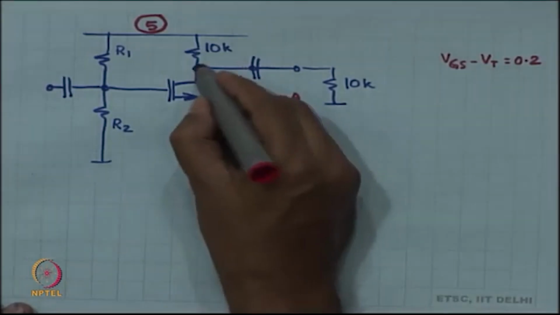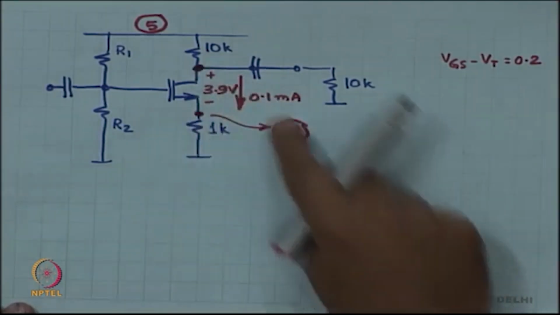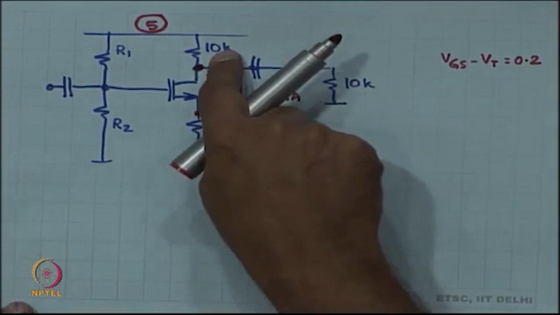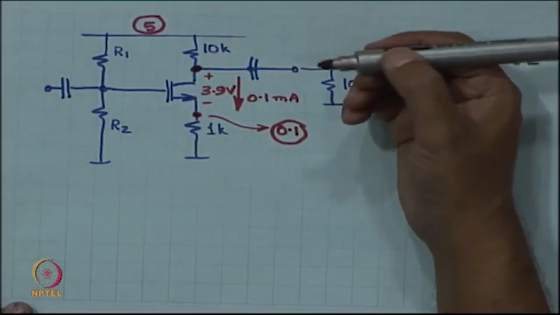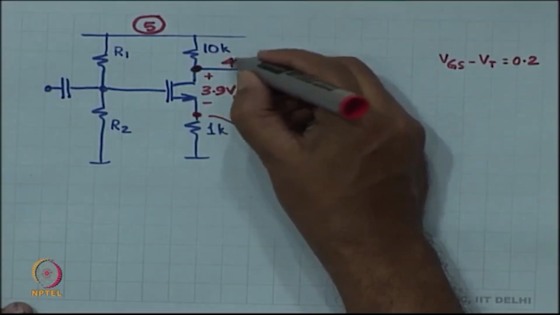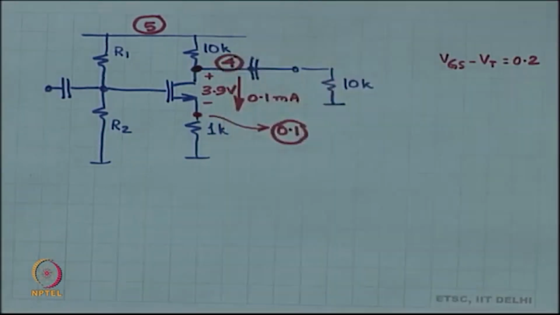What is the voltage over here? 0.1, 10 K is 1 volt. One volt drop across 10 K, you start from 5 volts, so you end up at 4 volts.